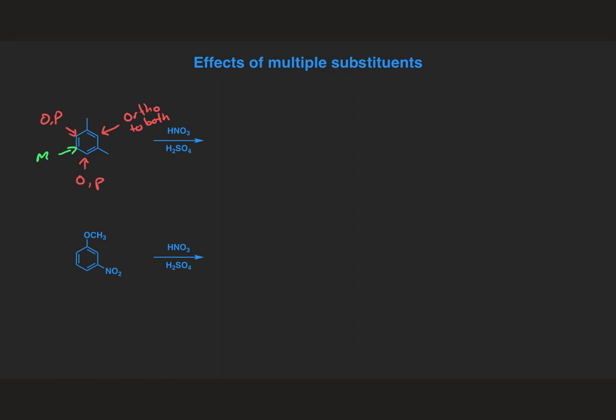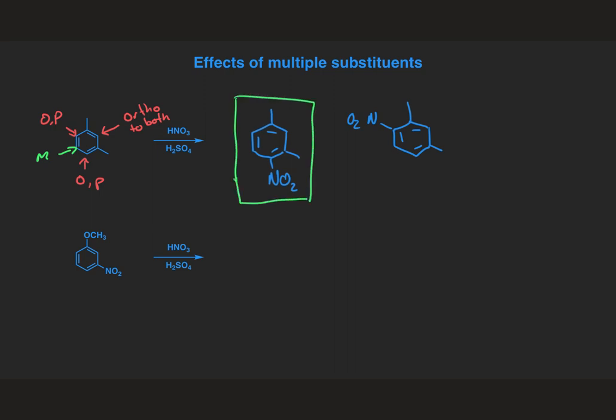And so the major product of this reaction is going to be nitration at this position. If you were to think about drawing the other position here, hopefully you notice that these are the exact same molecule, and so the major product is just this, and there are two ways that you can form it.